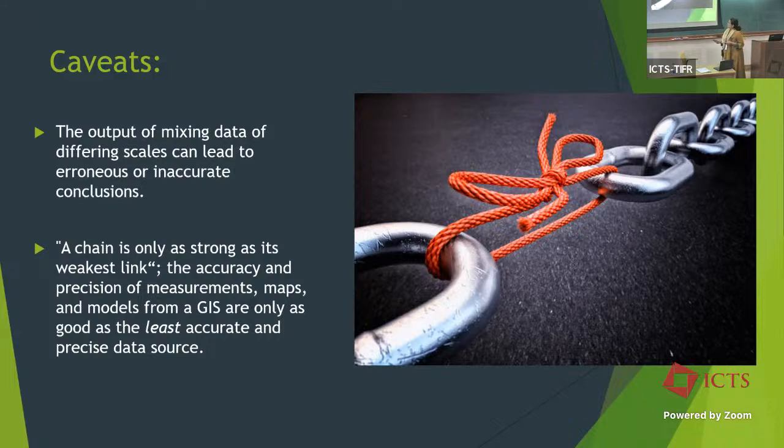The accuracy and precision of measurements, maps, and models from a GIS are only as good as the least accurate and precise data source, because you cannot generate new information that doesn't exist. That weakest link is the level of precision and accuracy of your entire analysis. Any doubts on this?